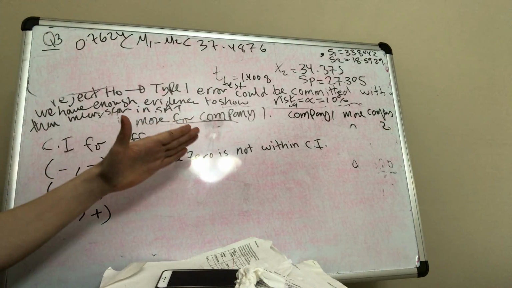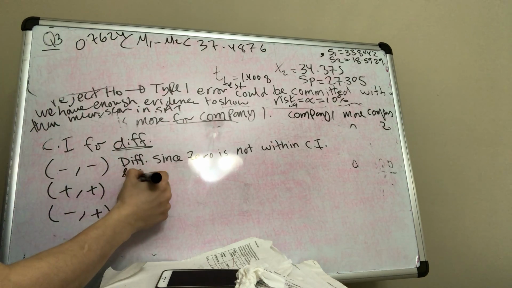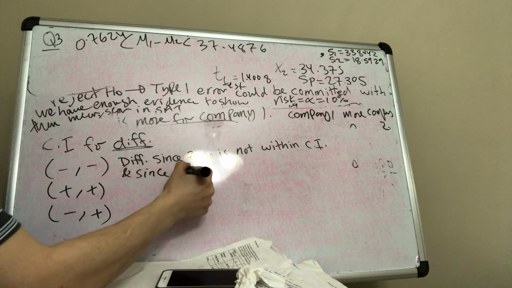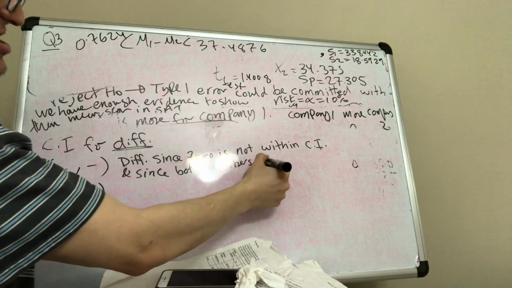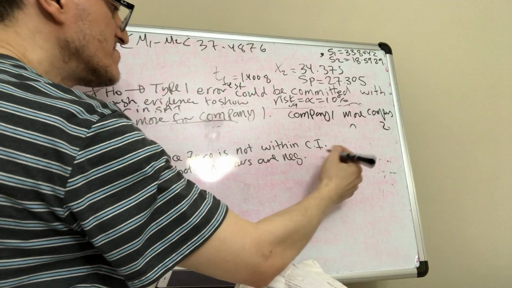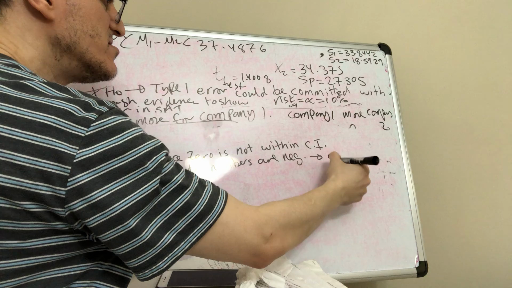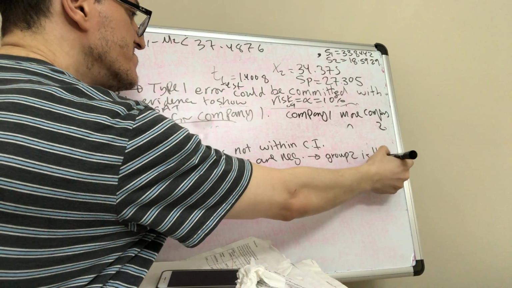And since both numbers are negative, that means group 2 is higher.